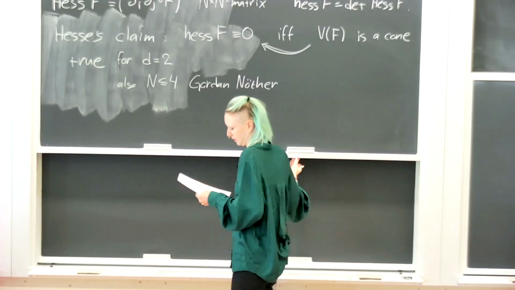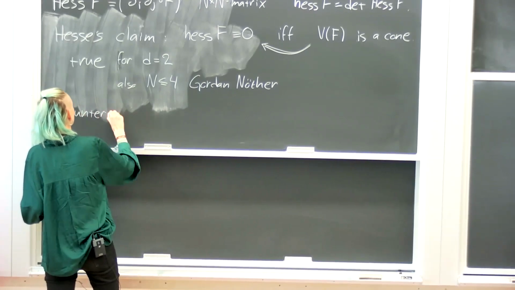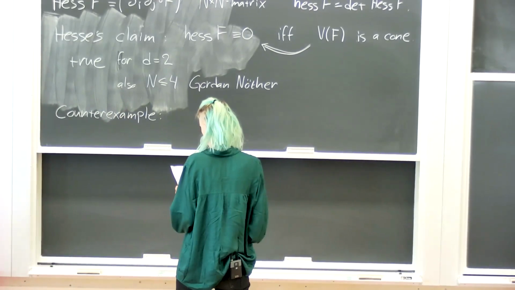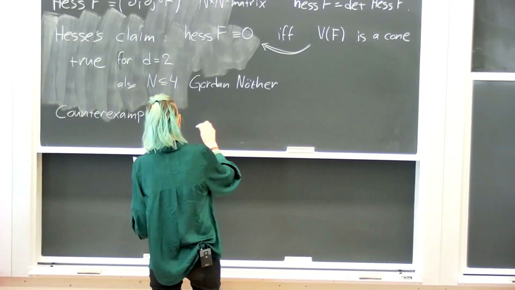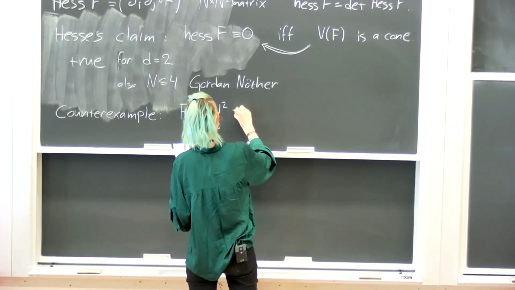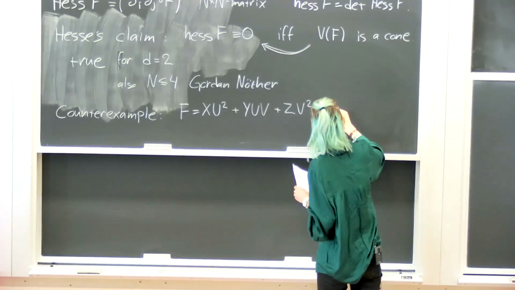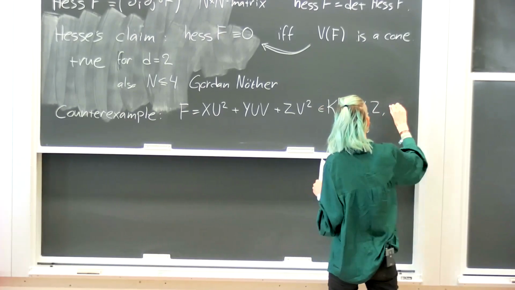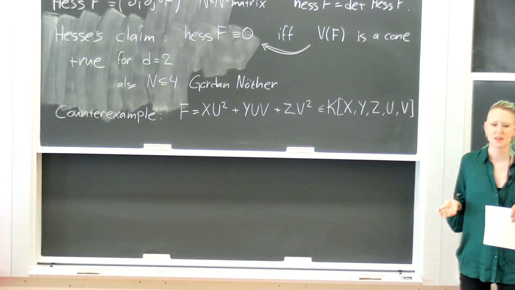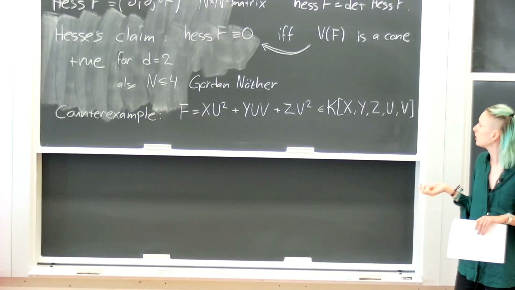Here is one counterexample. Okay, so here is one polynomial in 5 variables, and you can check that the Hessian is 0 in this case, but the variety is not a cone.